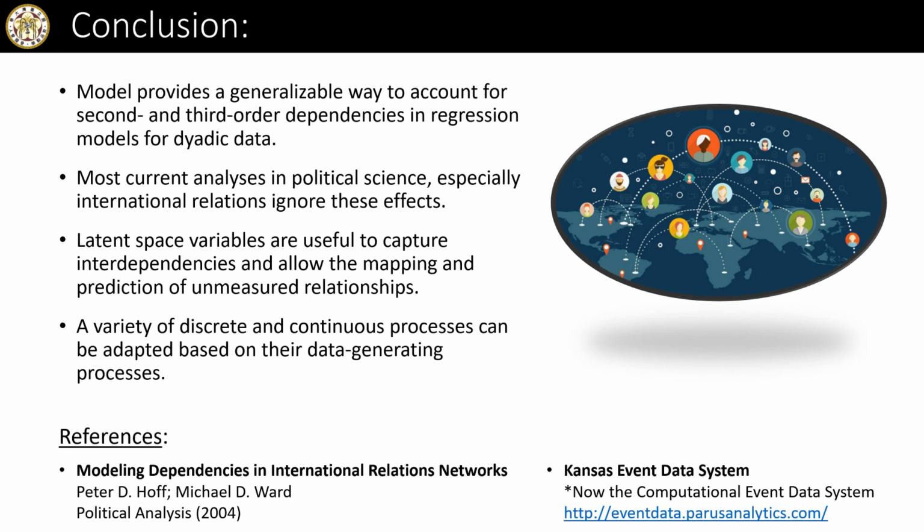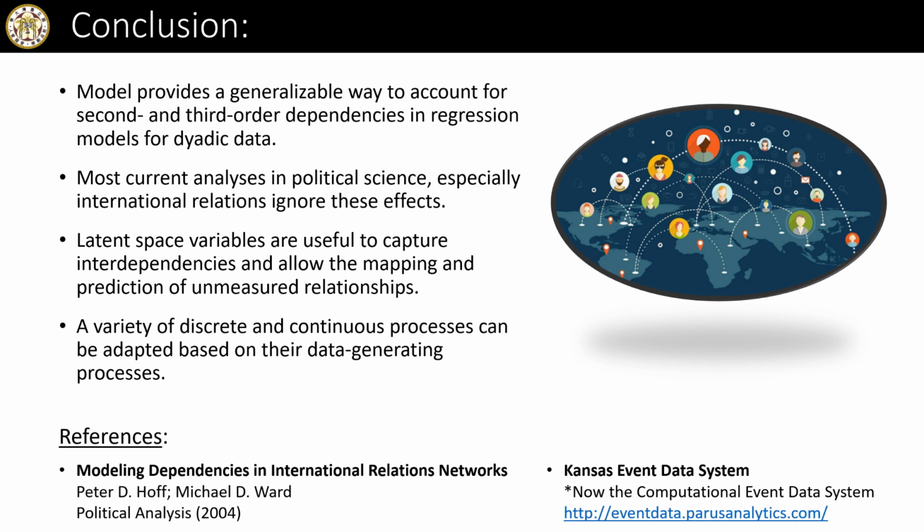And so finally, the conclusion. Hoff and Ward showed that this model provides a generalizable way to account for second, third order dependencies in regression models for dyadic data. While most current analyses in political science, and especially those in international relations, ignore these effects, this is a method to incorporate them.